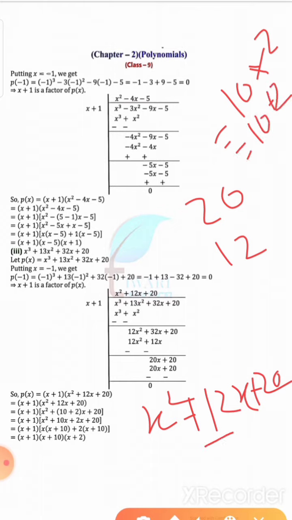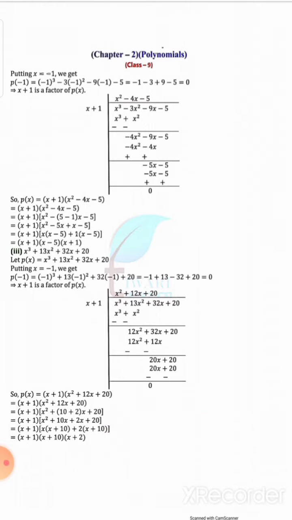Substituting this step we get x² + (10 + 2)x + 20. Multiplying this step and again making pairs and taking common factors from both, we get the final factors of our cubic polynomial: (x + 1)(x + 10)(x + 2).